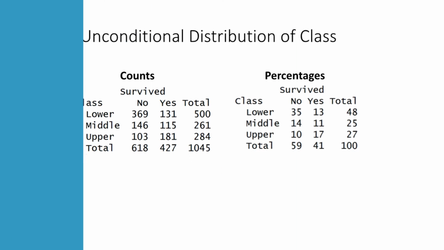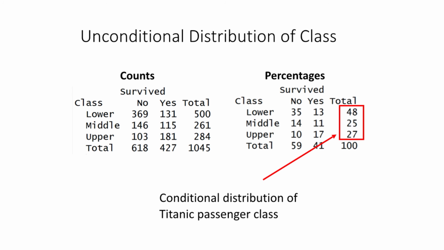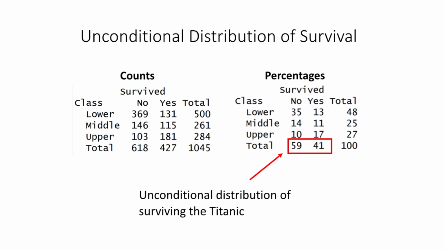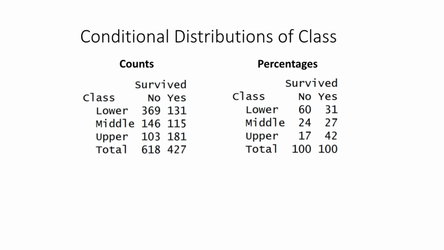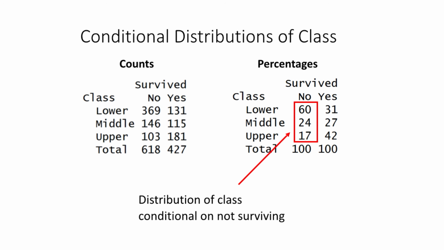So when we look at contingency tables, it's useful to reference the idea of unconditional, joint, or conditional distributions. Here is the unconditional distribution of class that we've highlighted, and here is the unconditional distribution of surviving the Titanic. The joint distribution is given by the particular cells, and this adds up to 100. Conditional distributions are given here.